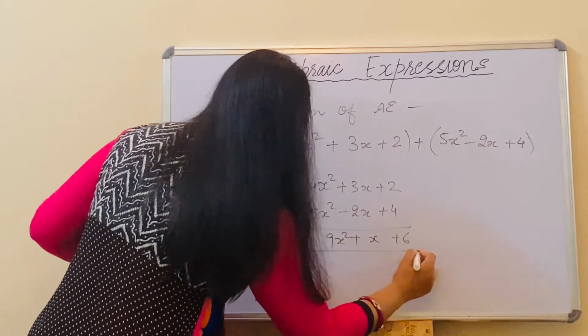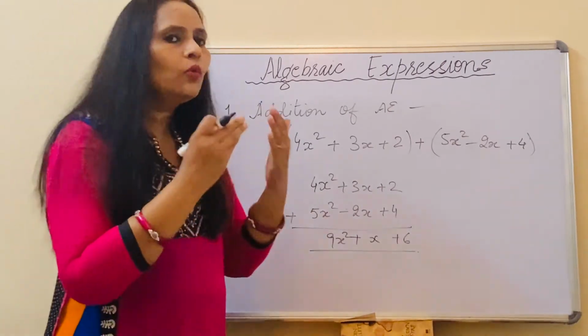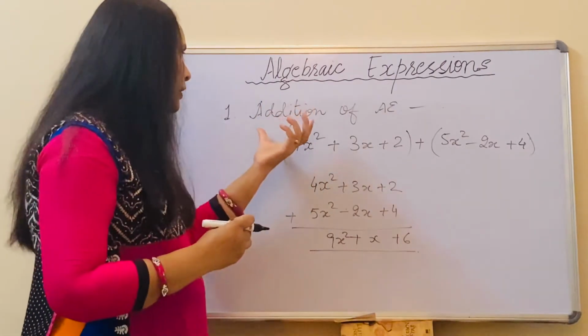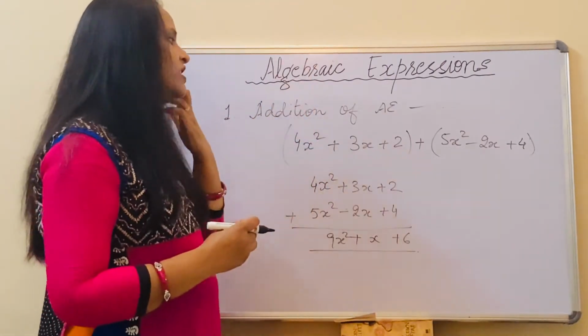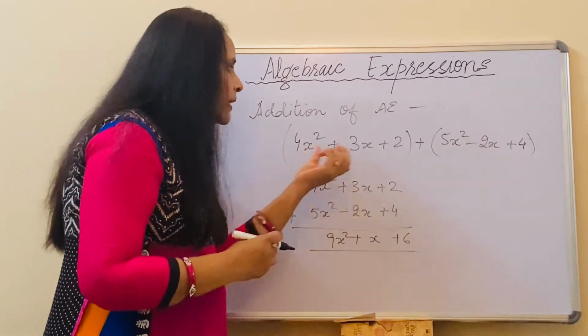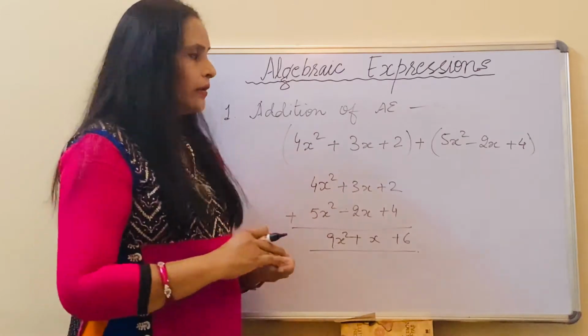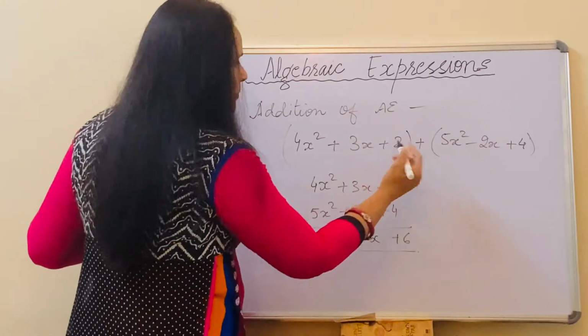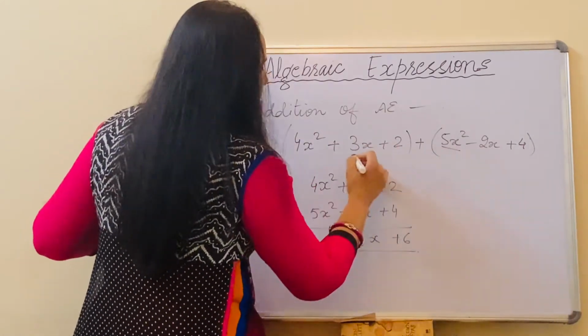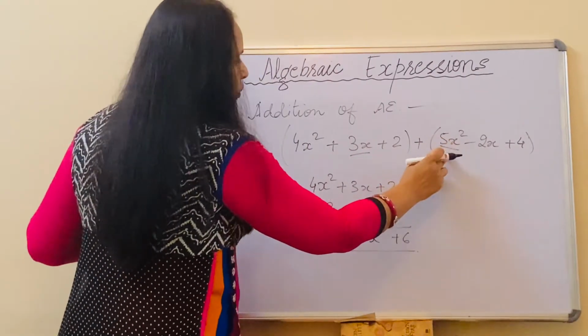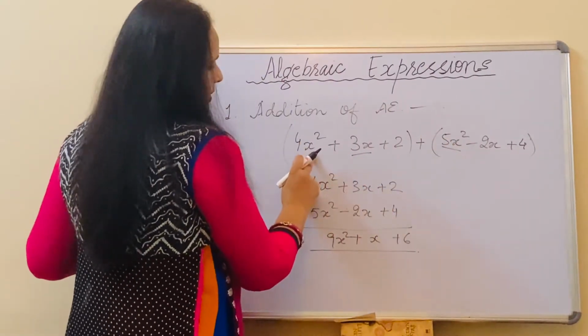So this is the answer. One thing you have to remember while adding algebraic expressions is that only like terms can be added or subtracted. If unlike terms, you cannot add 5x square with 3x. It can only be added with 4x square.